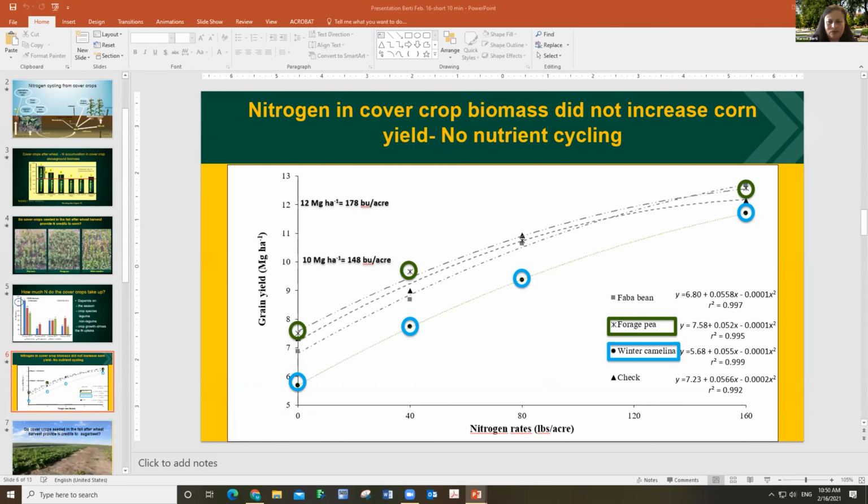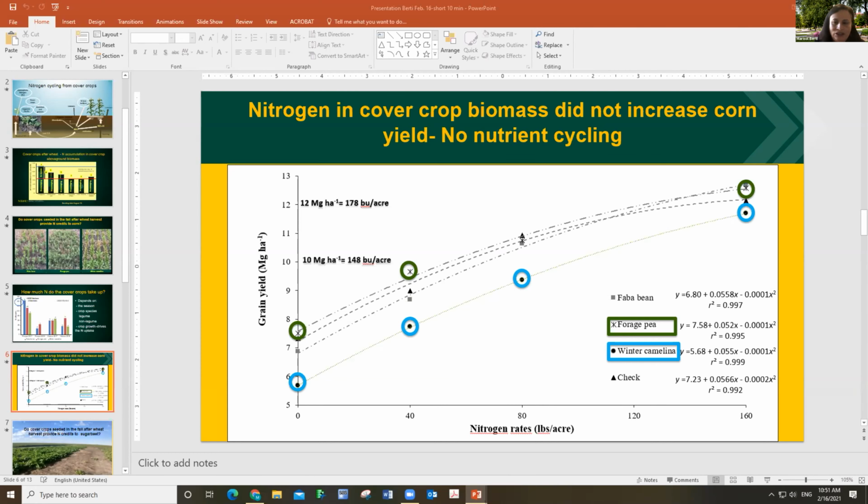Now, when we look at the results, several other researchers are finding the same thing, such as Dr. David Franzen in soils and others in other states. In the plots that had cover crops, we planted corn the next year and put different nitrogen rates on those plots to be able to see this curve.